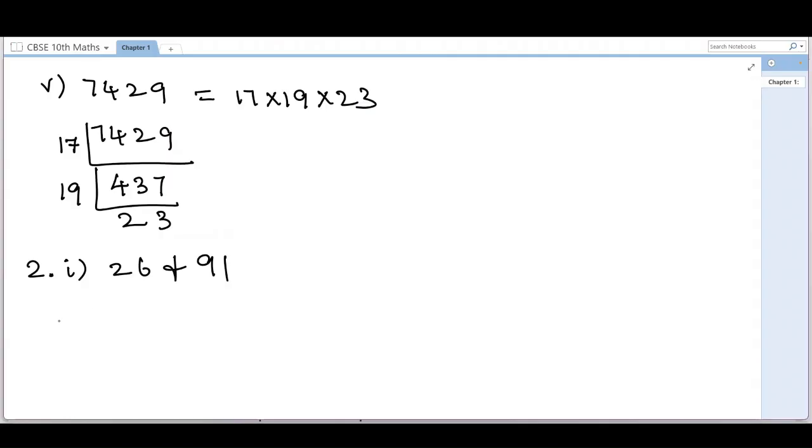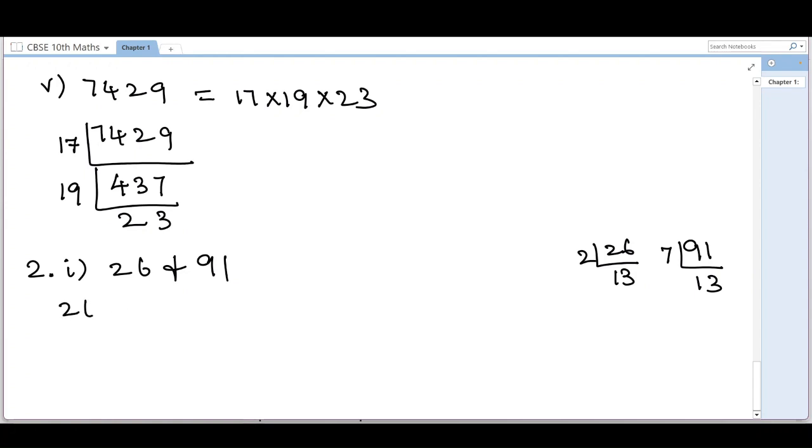So first let us write the prime factors of 26 and 91. By 7, I will be resulted with 13. Okay.